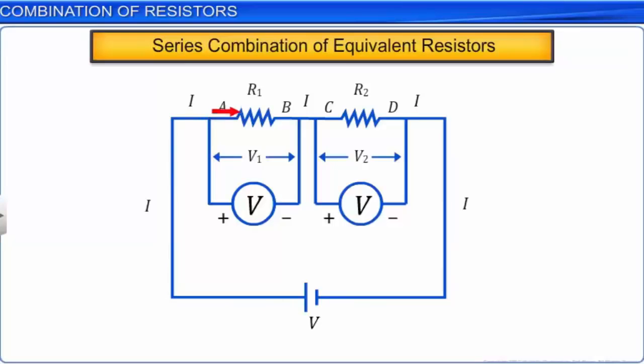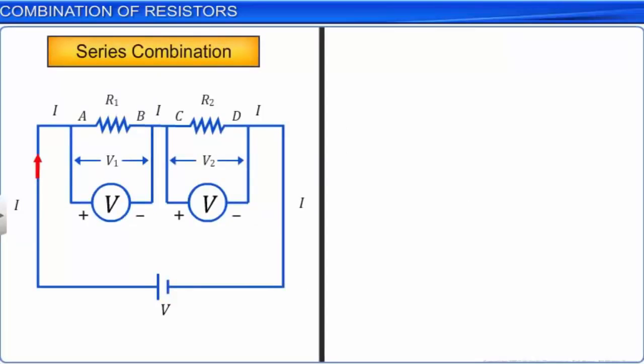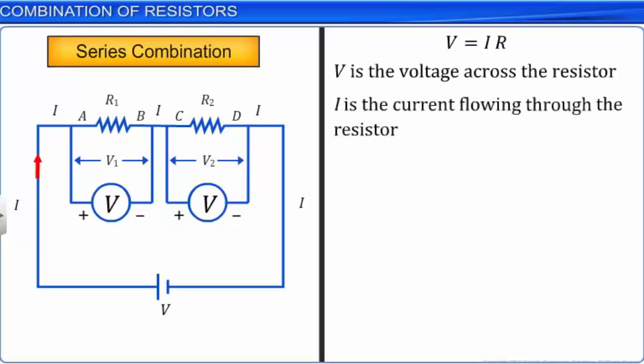According to Ohm's law, V is equal to I into R, where V is the voltage across the resistor, I is the current flowing through the resistor, and R is the resistance of the resistor. Applying Ohm's law to resistor 1, the potential difference across R1 is V1 is equal to I into R1. Let this be equation 1.